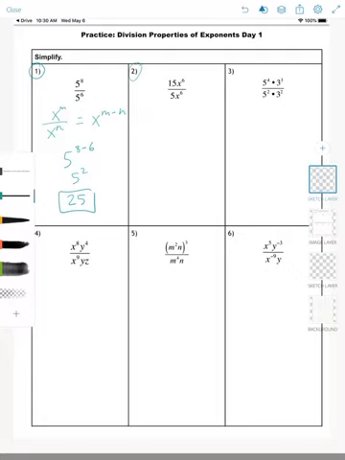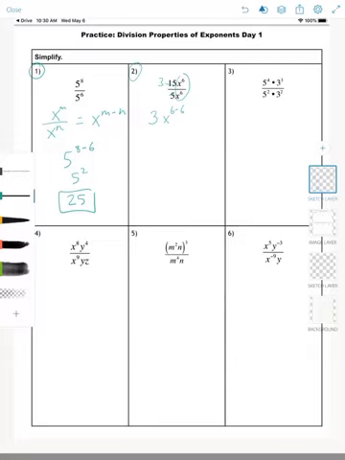Next one. It's always nice to deal with if you just have numbers, it's nice to deal with those first. And so 15 divided by 5 is 3 on the top. So we have 3, and then the x's, subtract the exponents, you get 6 minus 6.